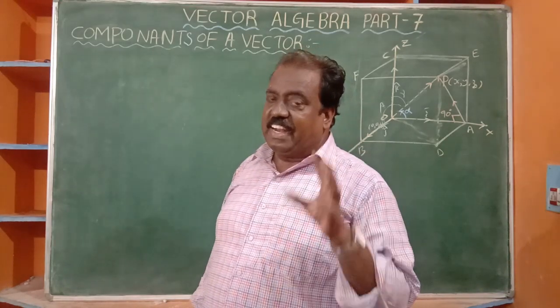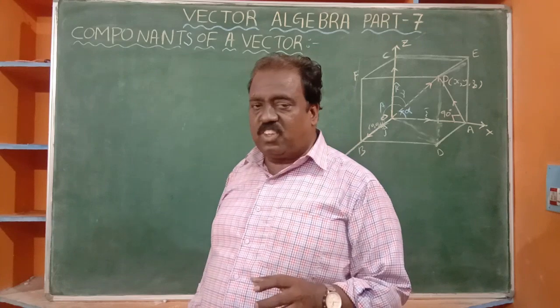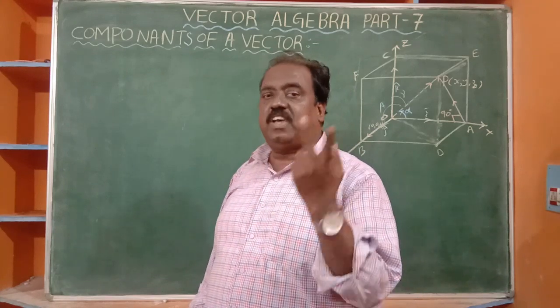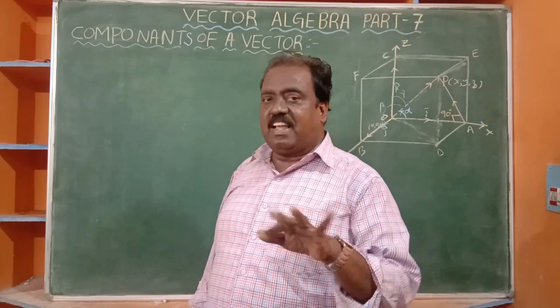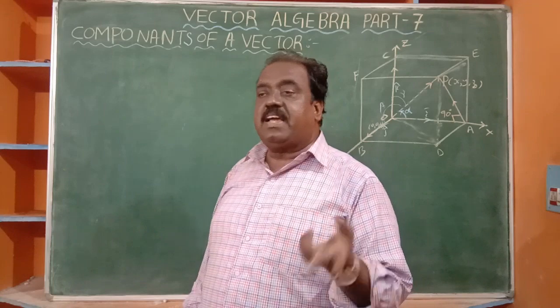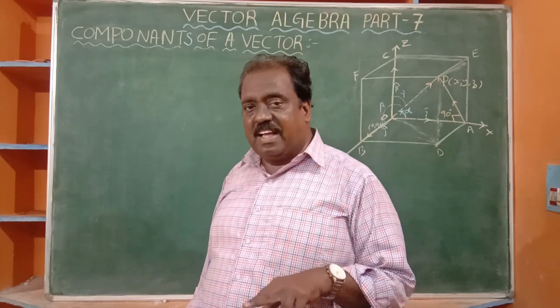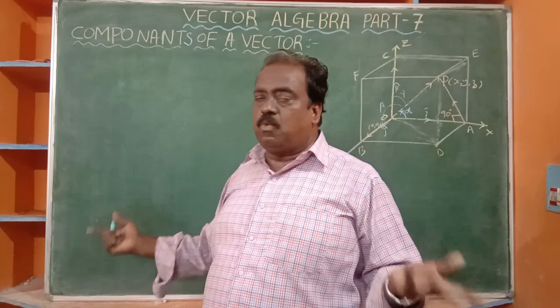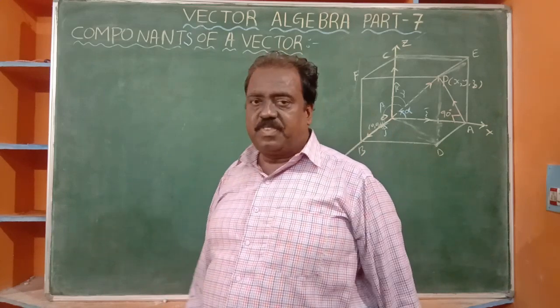They are cos alpha, cos beta, cos gamma, where alpha, beta, gamma are the angles made by the given OP line, OQ line, OR line or any vector.